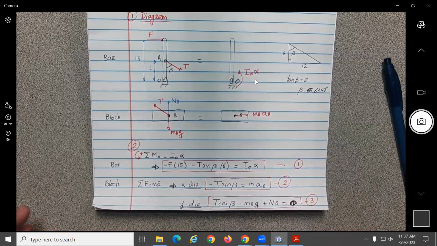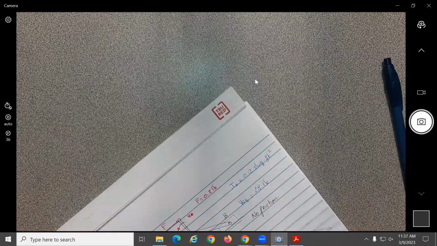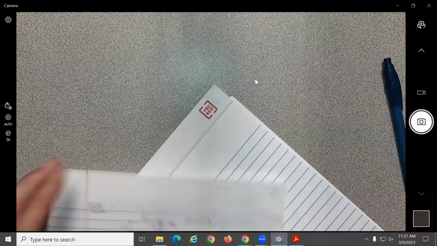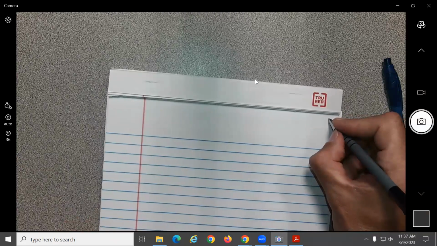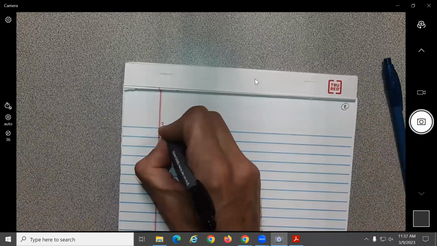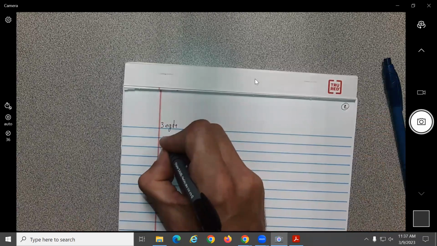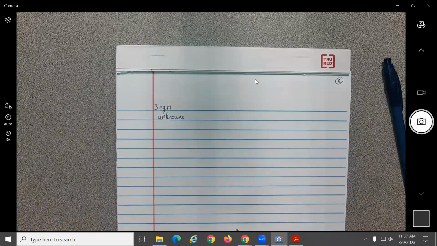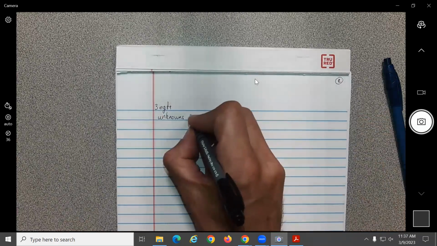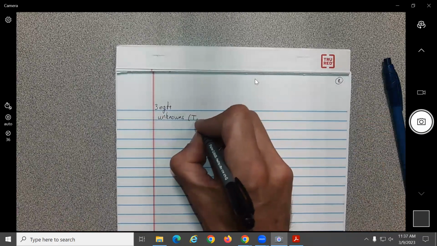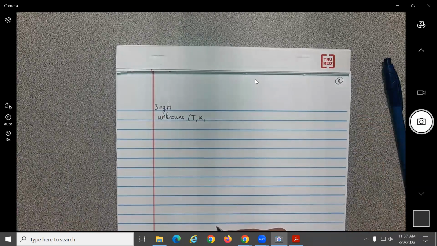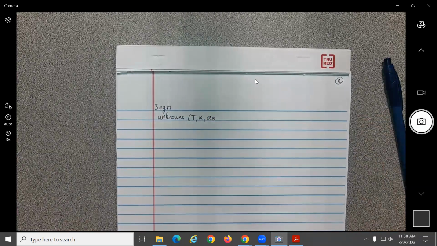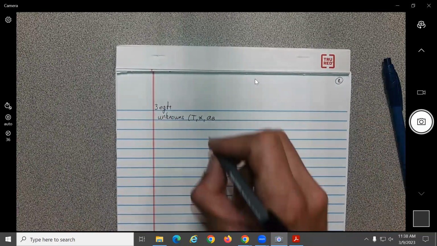So now we get to the step where we need to count the number of unknowns. So we have 3 equations. Unknowns, let's count them. We have T, alpha, a_B, and N_B.